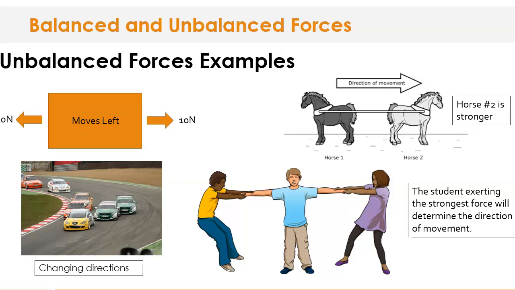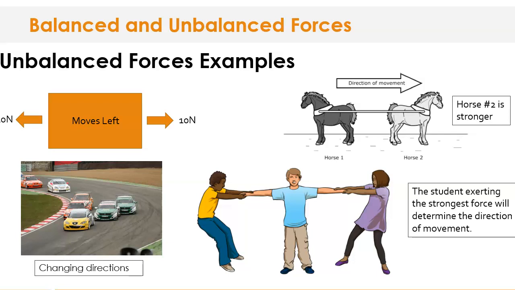If we had a student standing with his arms out and two other students yanking on those arms, please don't try this. The student that is exerting the strongest force is going to determine the movement of the student in the middle.